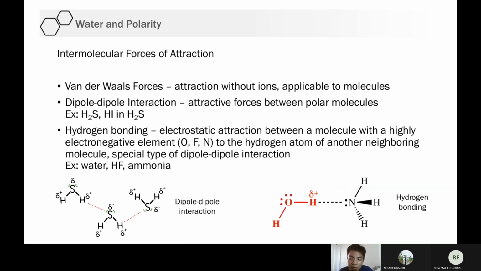When we say London dispersion forces, these are forces of attraction that don't depend on the polarity of your molecule. As long as it has electrons, it can exhibit London dispersion forces or van der Waals dispersion forces. If you still remember our discussion in organic chemistry about the instantaneous dipole, that's for London dispersion forces.